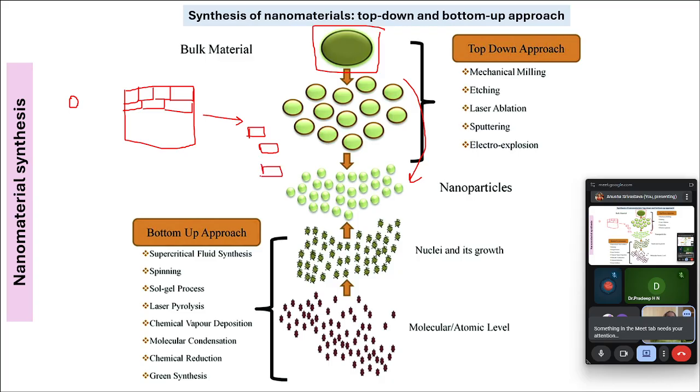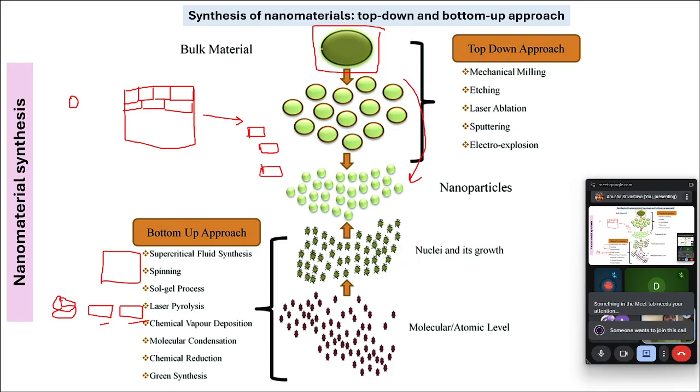The bottom-up approach could be like you have cement, and you make these individual bricks. Or suppose you already have these bricks and now you have to make a wall. So that's kind of a reverse thing.